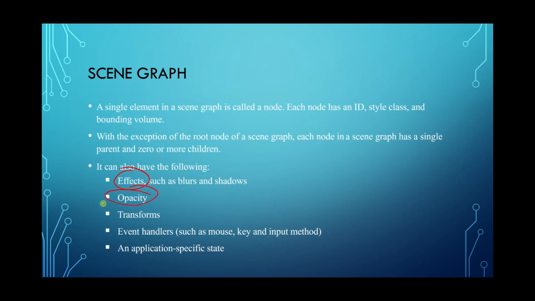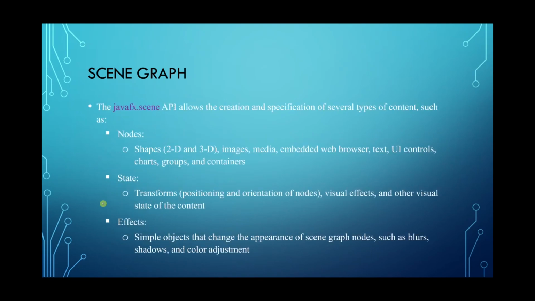Opacity, this is how solid it is, your shape. And transforms, the movement, the animations, and all these things. Event handlers, mouse, key, input methods. If you clicked on a button, for example, what happens, and all these things. And an application-specific state.